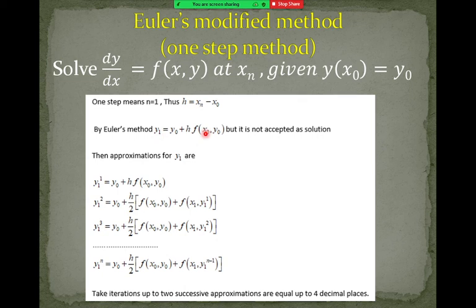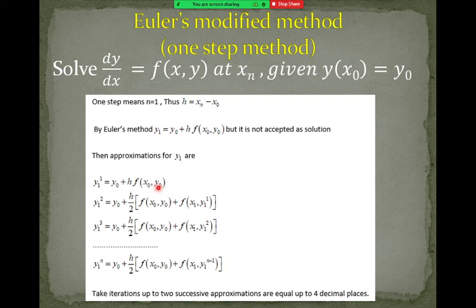y1 only gives us the answer in the modified method, but we will not take this y1 as the final answer. Instead, we are going to make it more accurate by more iterations on y1 only. So y11 is just the formula of Euler's method: y0 plus h times f of x0, y0.